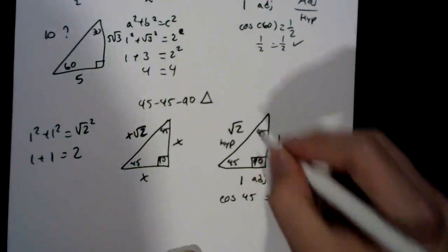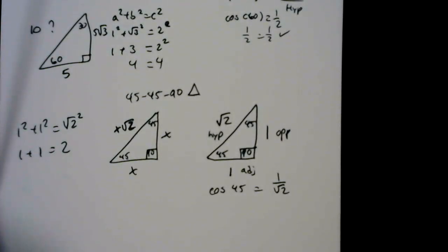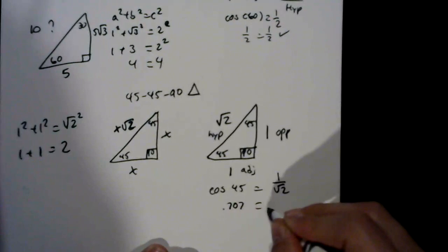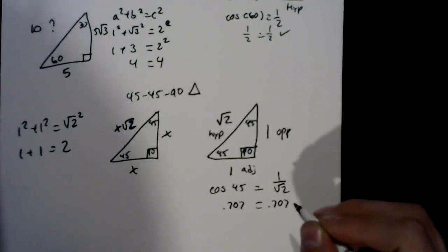So if you plug that into your calculator, again with it being in degrees, 1 divided by square root 2, you get the same answer, which is 0.707.